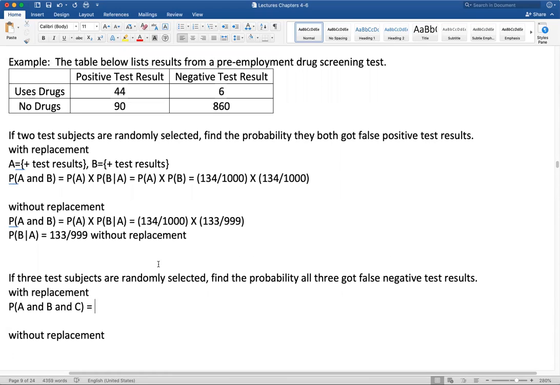So now we need to figure out the first negative test result.